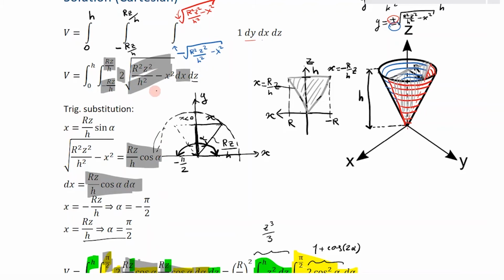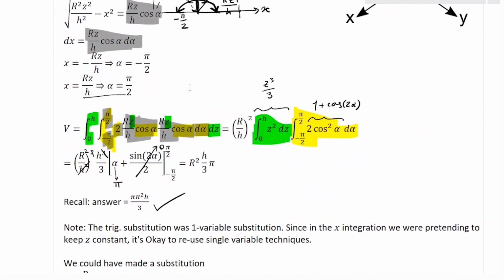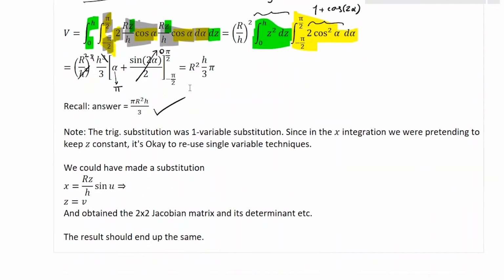Now you can, if you want, do a substitution, think of it as a substitution of two variables. It would involve the same trig substitution as we did, and then instead of z, there would be no substitution, just z stays as is, we don't need to transform it.